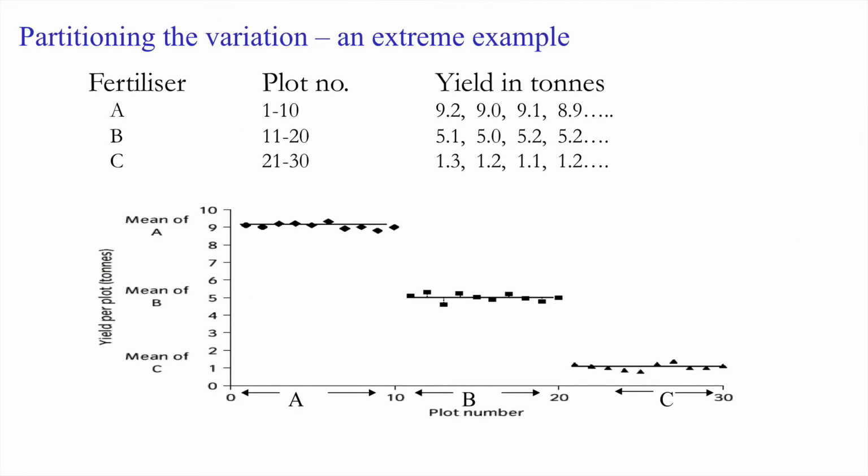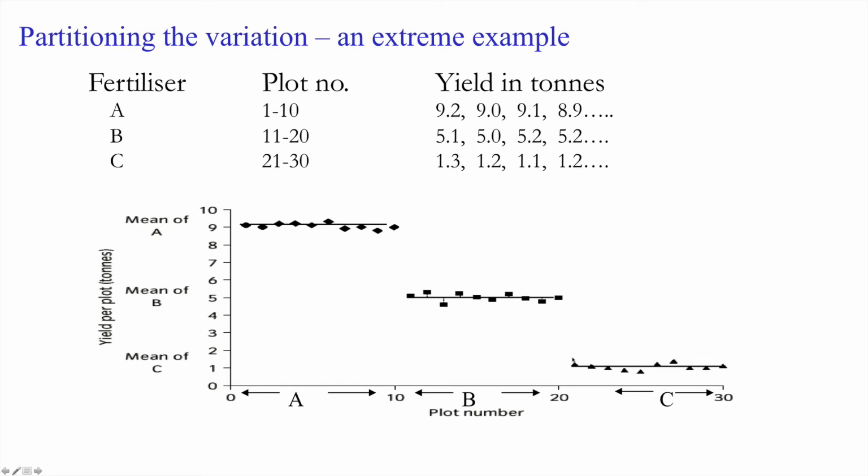Now let's consider data of a rather different format, but the same general principle. Let's imagine that the yield in tons was around 9 for virtually all treatments in which we applied fertilizer A, and in treatments where we've applied fertilizer B, the mean might be around 5, and in those plots where fertilizer C was applied, it might be just over 1.